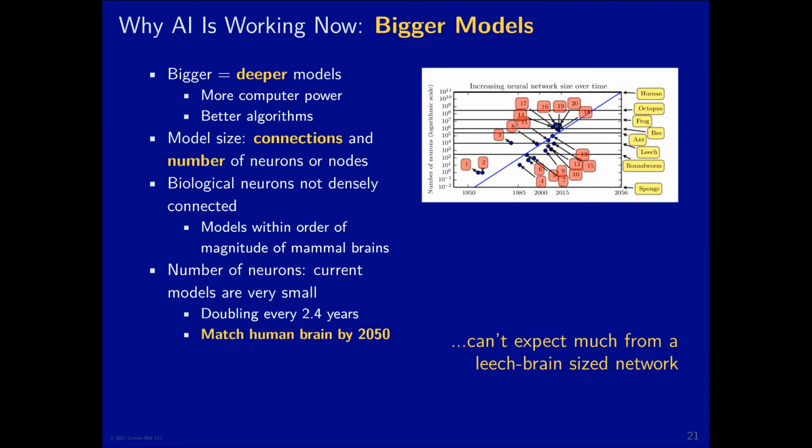The little graphic on the right shows you a human brain has about 10 to the 11 neurons, so about 100 billion neurons. Models that we have at the moment are in the million range. So we're about 5 orders of magnitude too small.